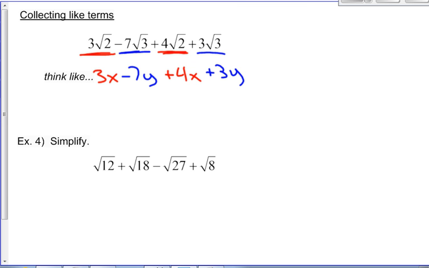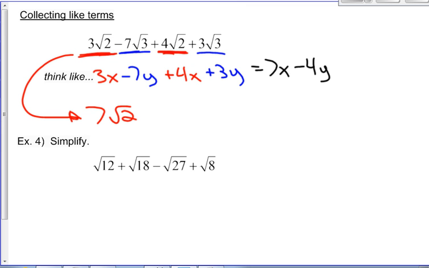So if I were to do that with x's and y's, I'd say, all right, well, there's 7x's, and there's negative 4y's. Same thing over here. 3 root 2 plus 4 root 2 makes 7 root 2. Negative 7 root 3 plus 3 root 3 makes negative 4 root 3. I'll color code this. And again, you could test that by putting it in an original form in the calculator and then putting it in this simplified form.